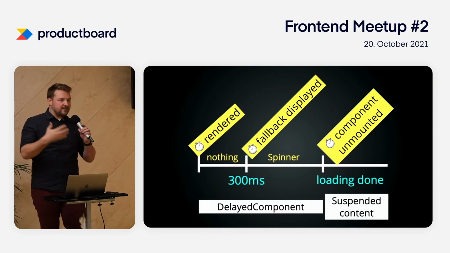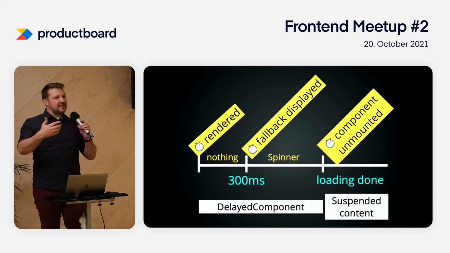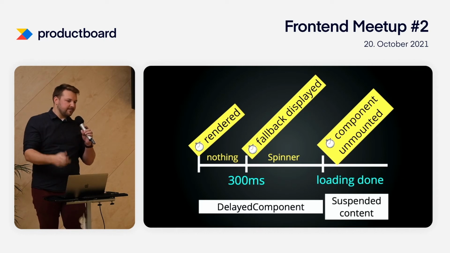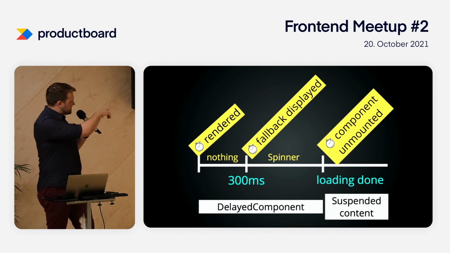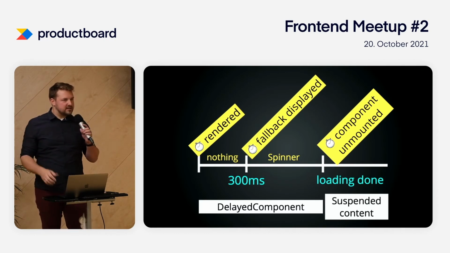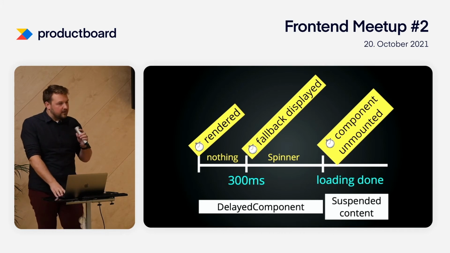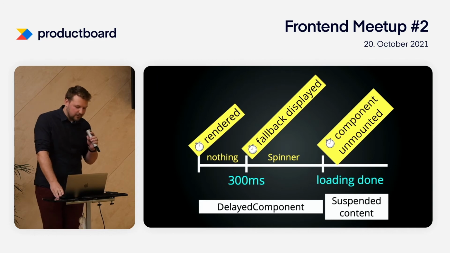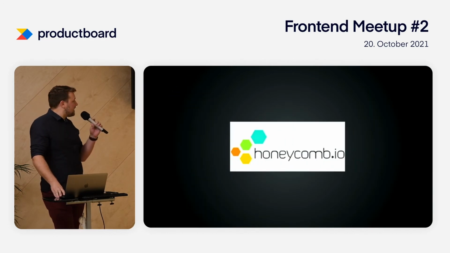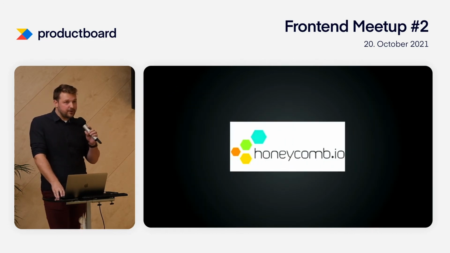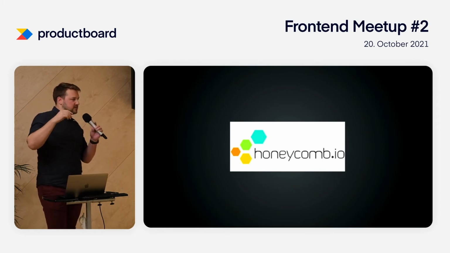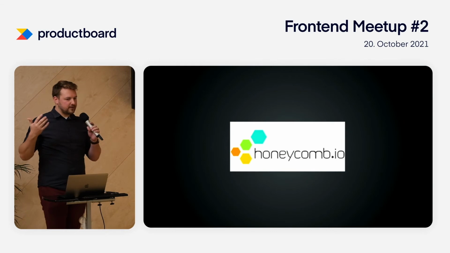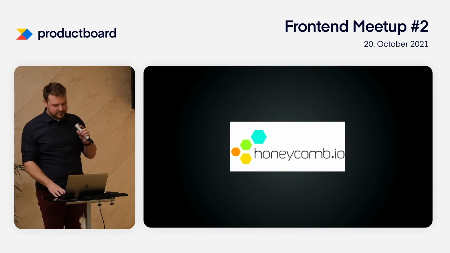So effectively, this means that the page was loaded. Just by tracking this component unmount, we are able to identify what components take a long time to load. We used Honeycomb for that, which is a great tool if you want to track any kind of information and maybe do some graphs or analytics upon that.